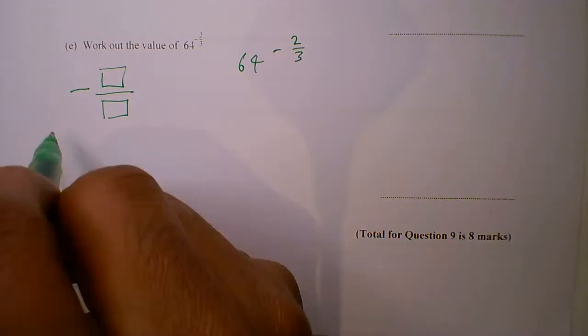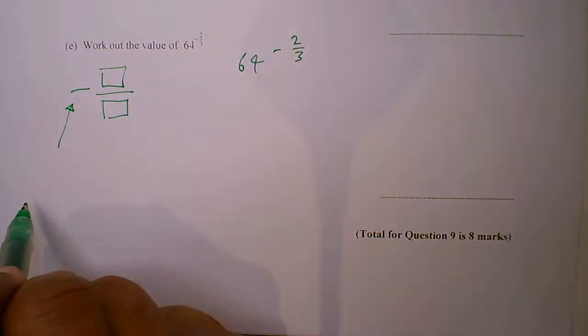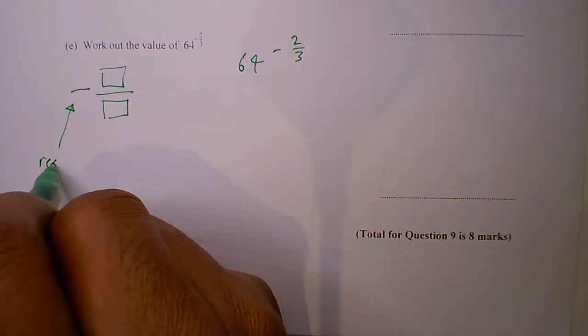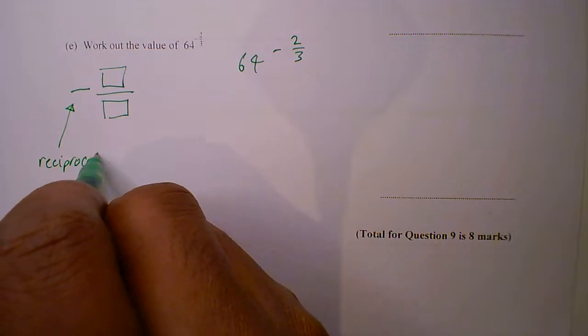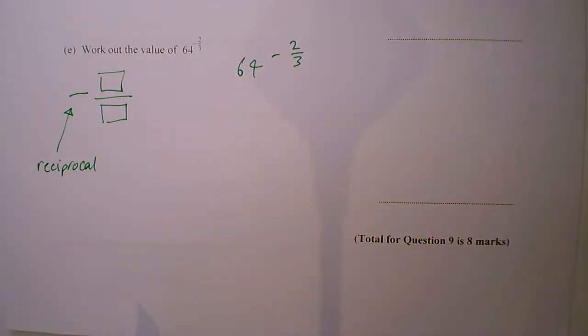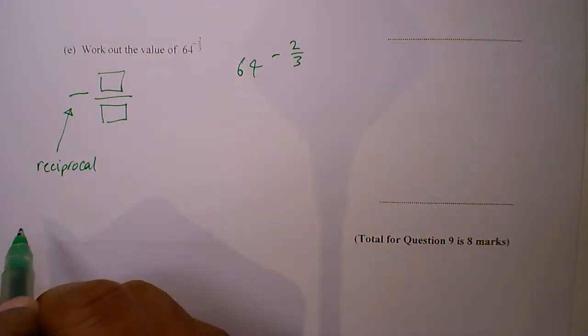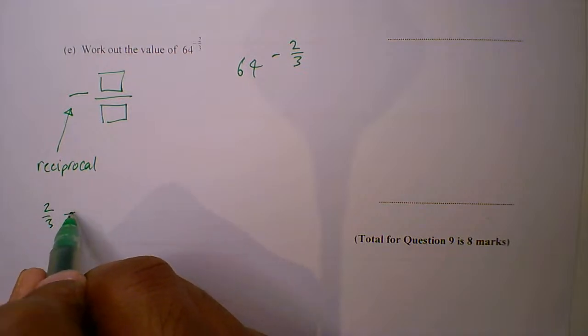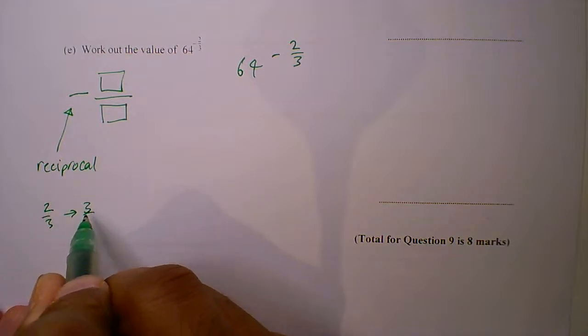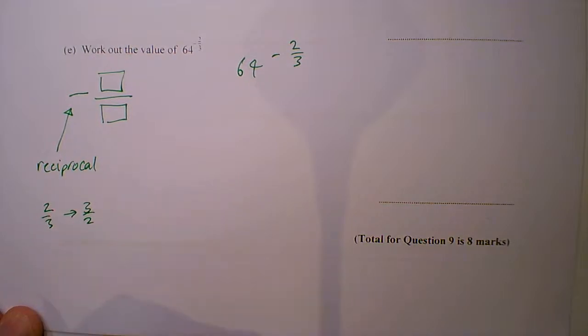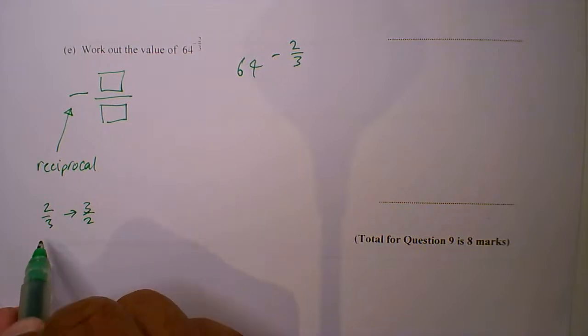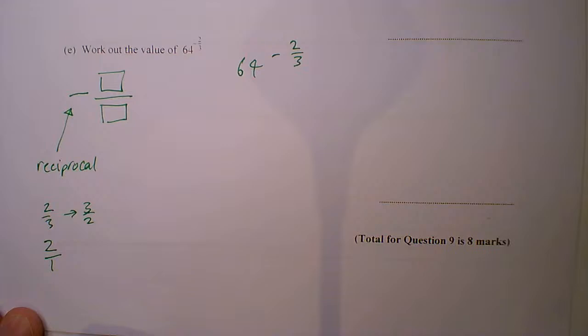When we have a negative as a power, this is our reciprocal. So what does a reciprocal mean? For example, if you have 2 over 3, that becomes 3 over 2. If you have a whole number, let's say 2, turn it into a fraction, 2 over 1, that becomes 1 over 2.